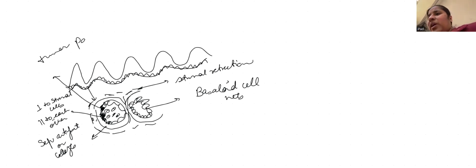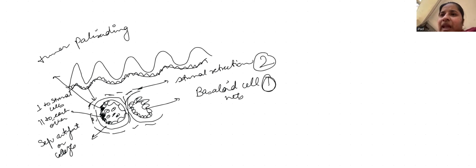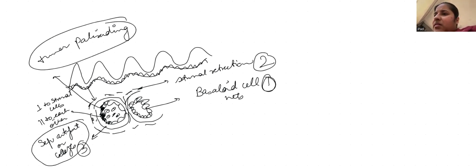So we have 4 points which we will encounter in the diagnosis of the BCC: the basaloid cell nest, stromal retraction, separation artifact or clefts, and tumor palisade.